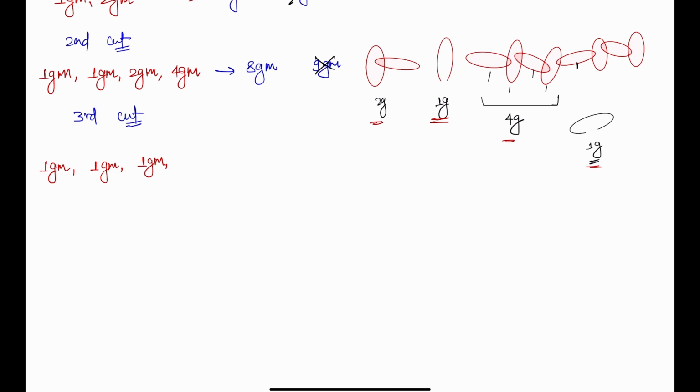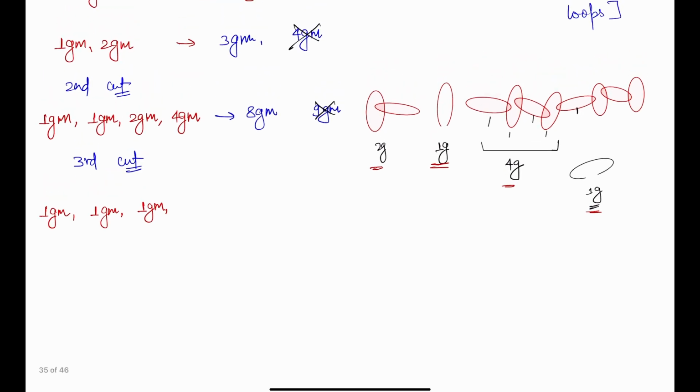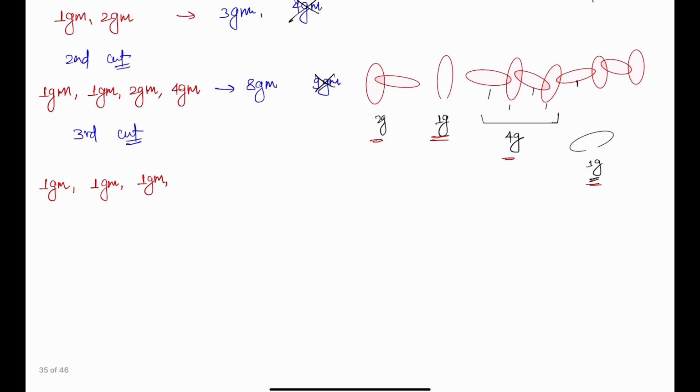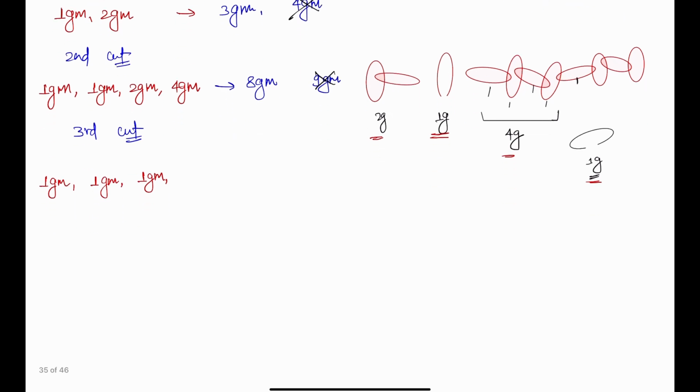And on the other side of that 1 gram, if I cannot measure 4 gram, I choose 4 gram, right? So similarly over here, if I cannot, I will choose 9 gram, and then whatever we had left is always there, that is 2 gram, 4 gram.